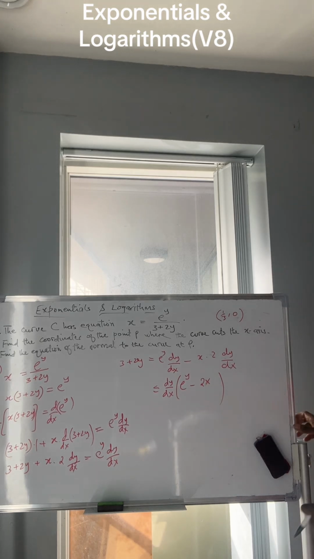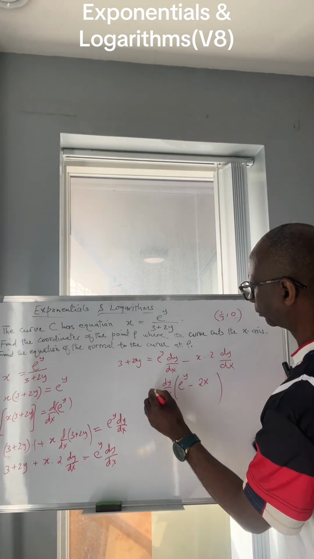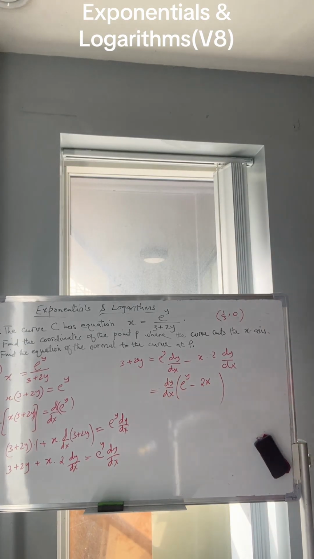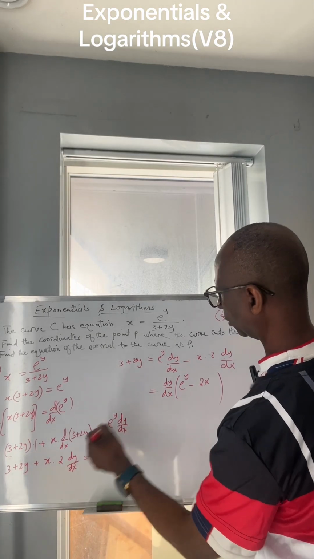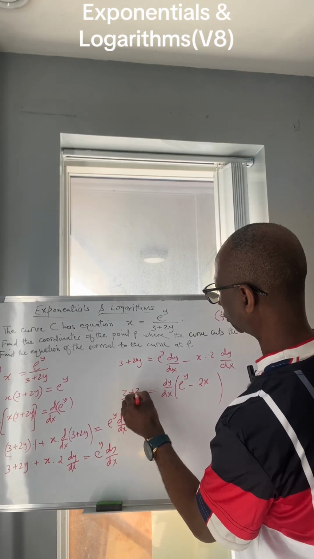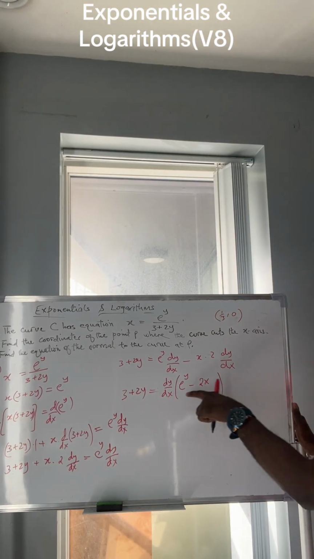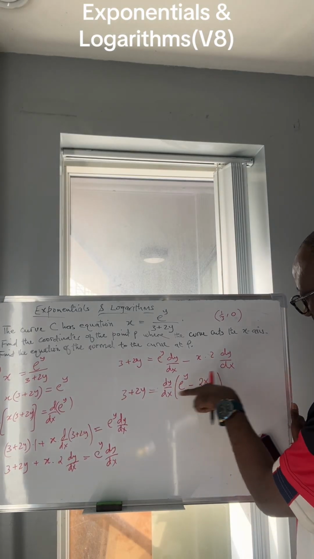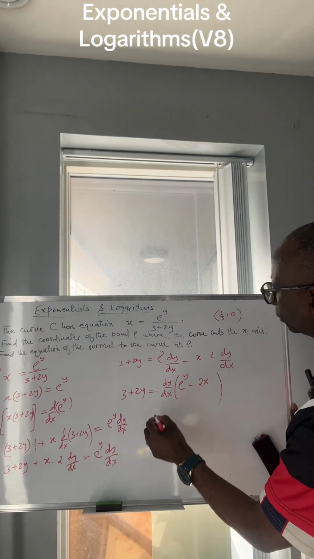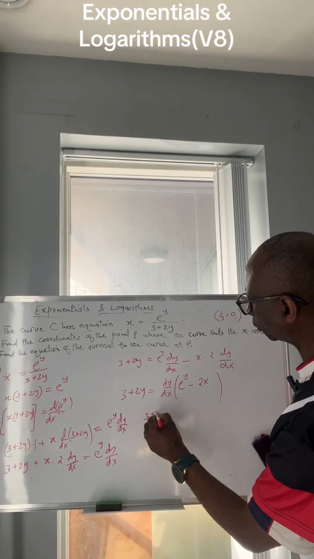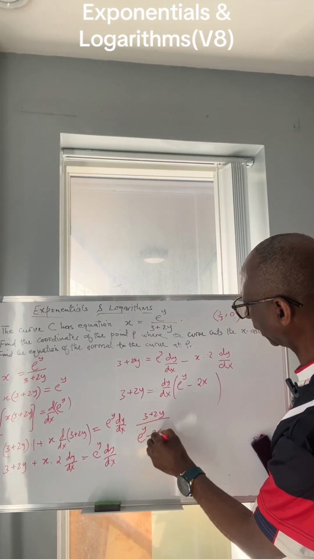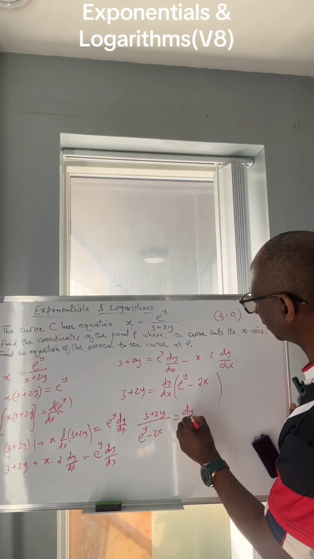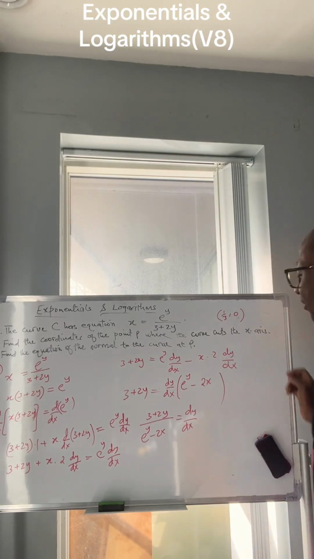Anyway, so now this is all equals to 3 plus 2y. But you want dy dx, not like this. So this gives you 3 plus 2y divided by e raised to the y minus 2x equals dy dx.